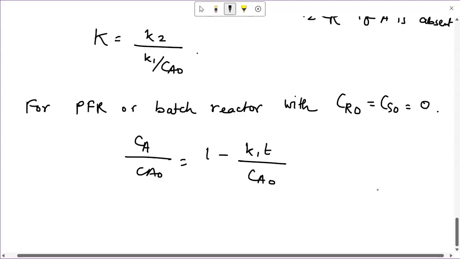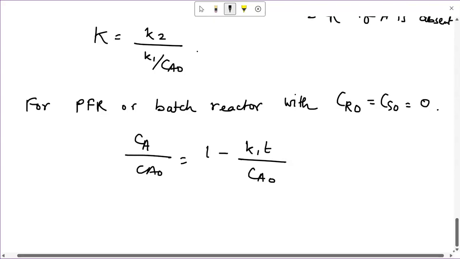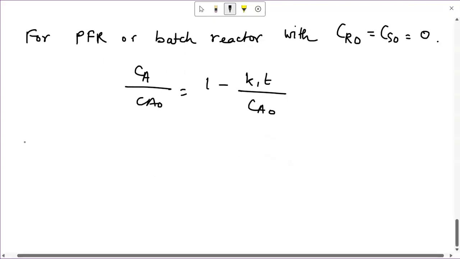Now again for Cr by Ca naught, we have two expressions.